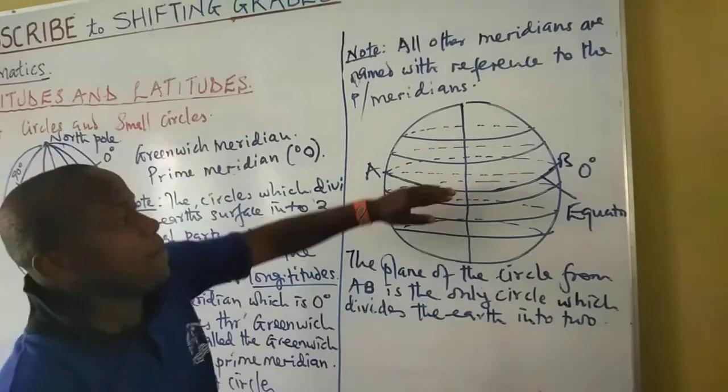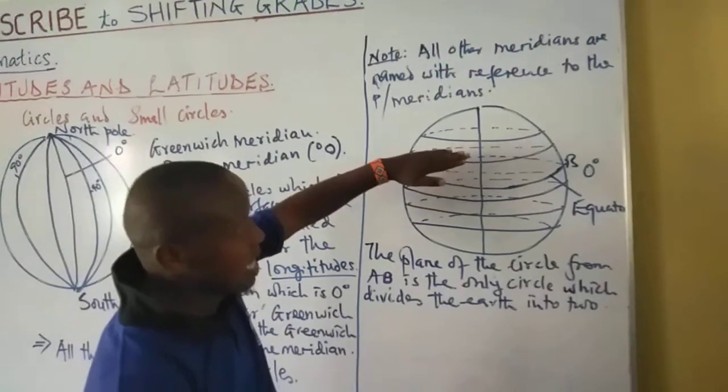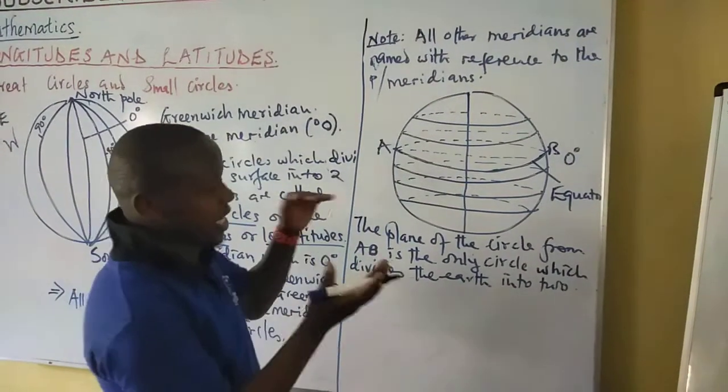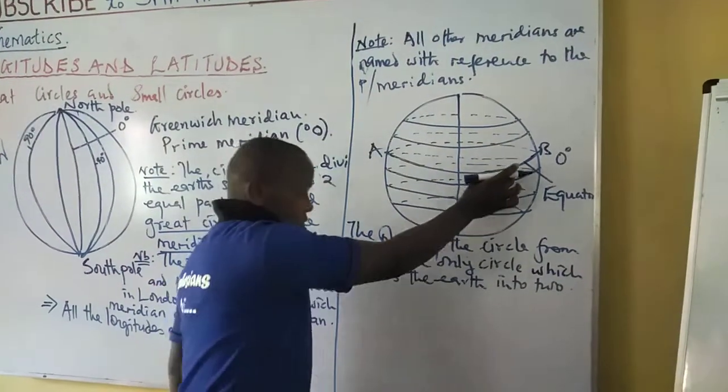So the other planes now are dividing the Earth, but we have a bigger portion and a smaller one, depending on which side they are now from this one.